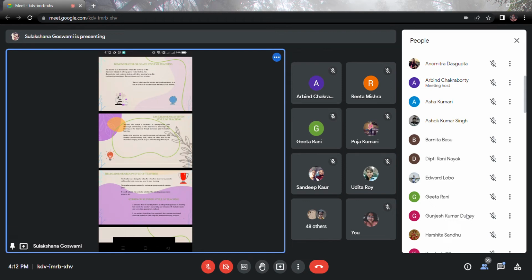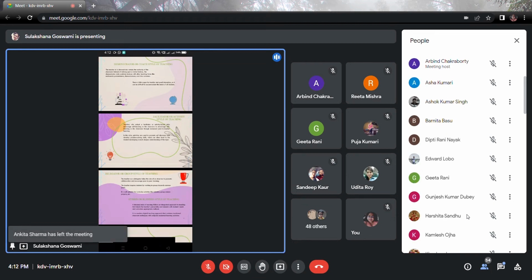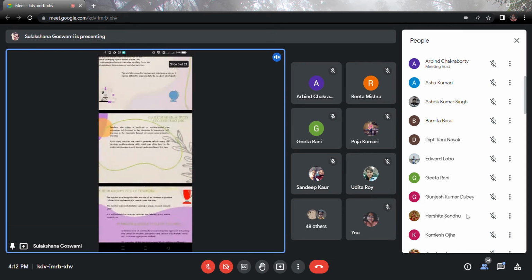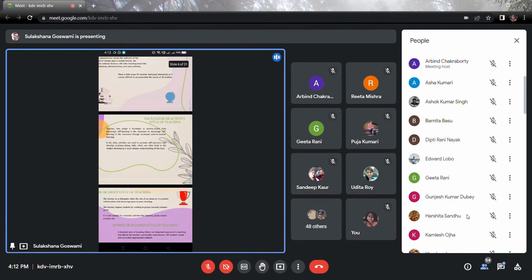This style should be used for small groups as the teacher needs to interact with the learners individually. In this style, activities are used to promote self-discovery and develop problem-solving skills, which can often lead to the student developing a much deeper understanding of the topic.